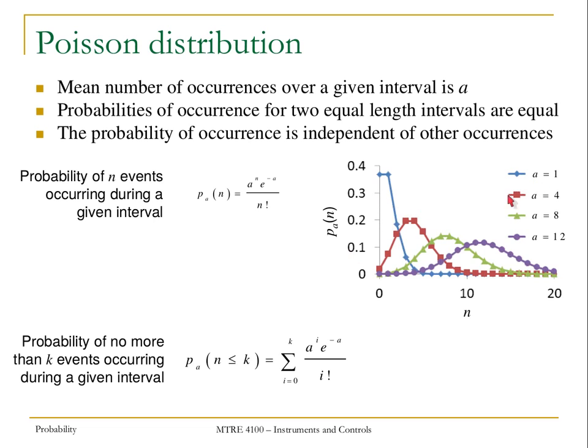So if a is 1 and we wanted to know the probability that we would have 2 or fewer successes, then we would just add up these probabilities. So here it's 0.37 plus 0.37 plus 0.19, and that would give us the probability of having 2 or fewer successes.